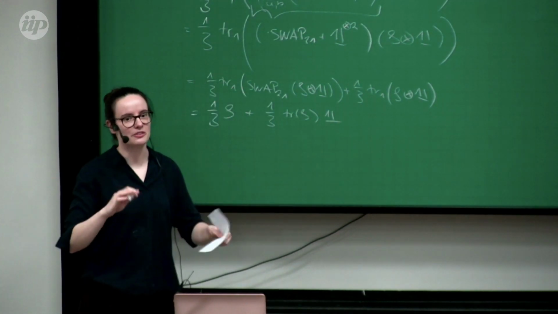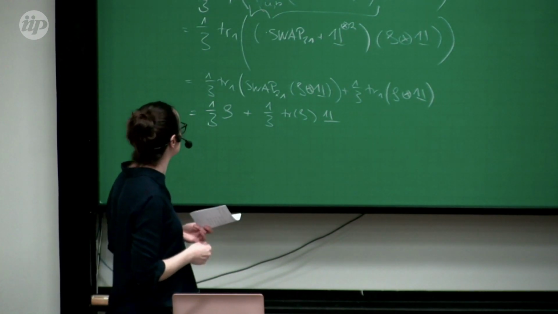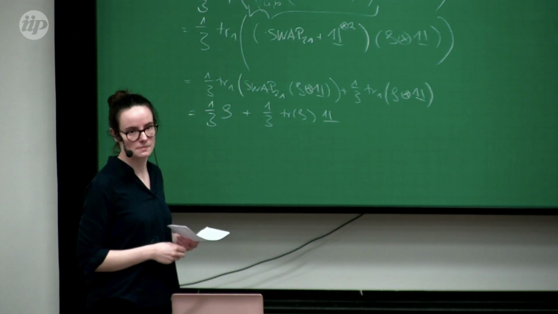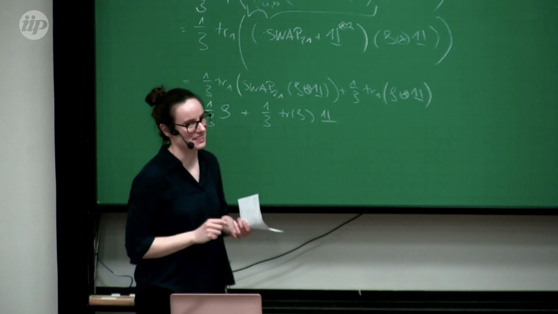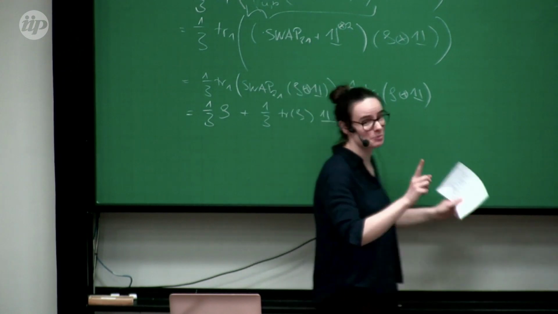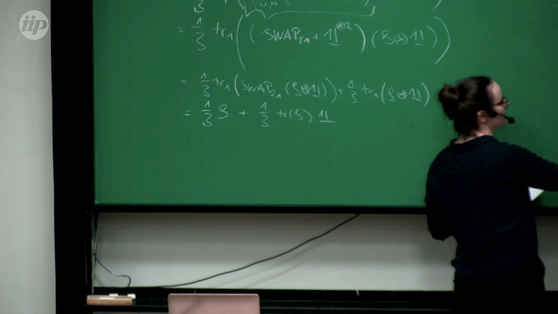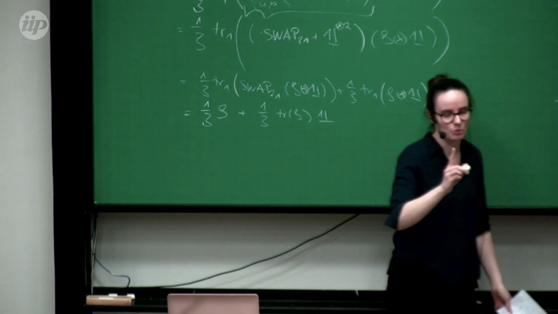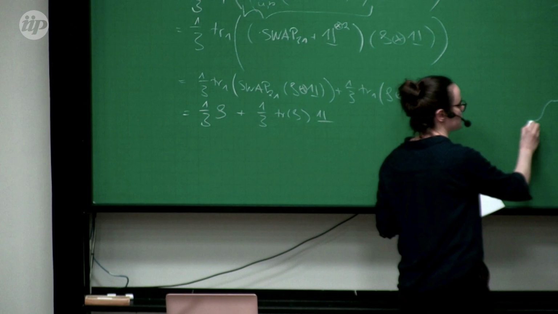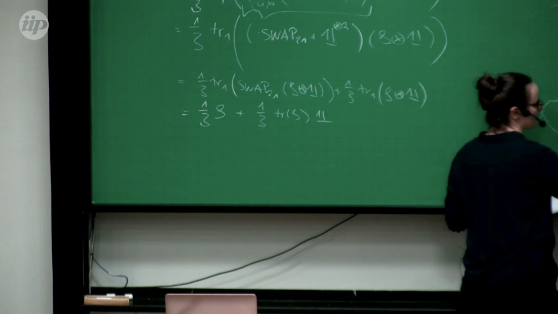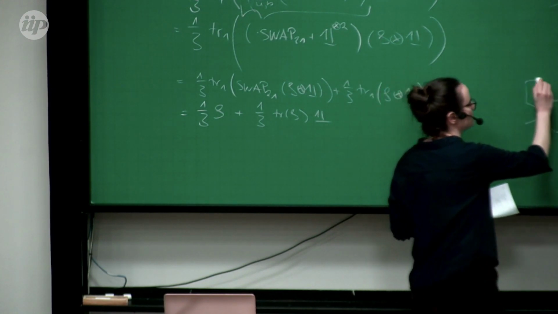And maybe some of you, yes? Why? Good question. We are not tracing the identity. If we would, and I also made that mistake when I did the calculation first, just imagine that we have swap on both spaces, which we don't. And now we would take the partial trace.